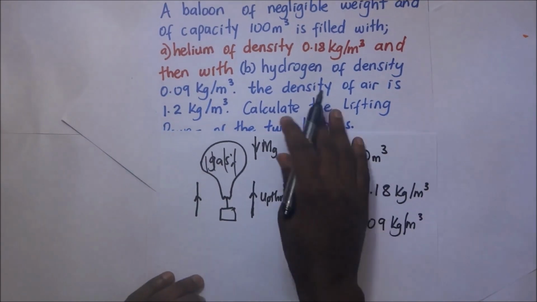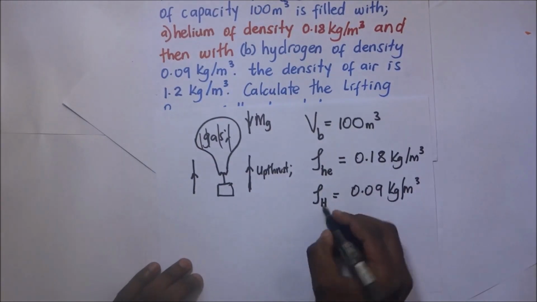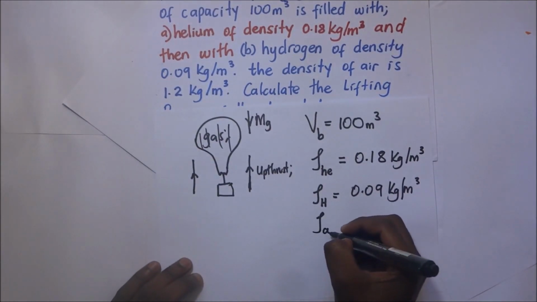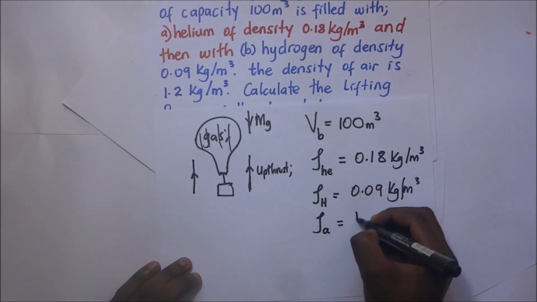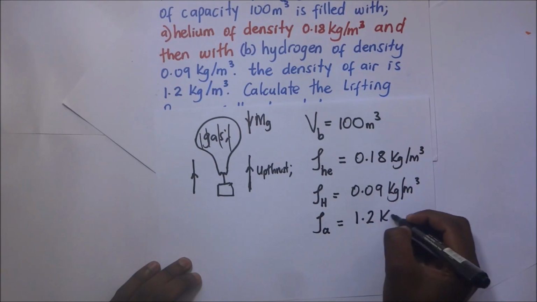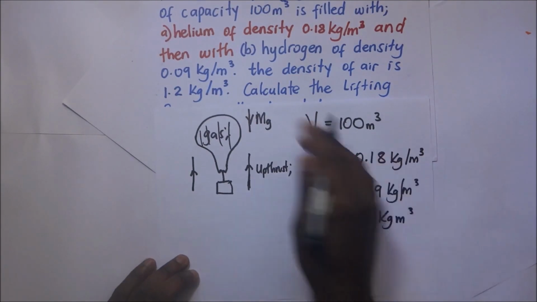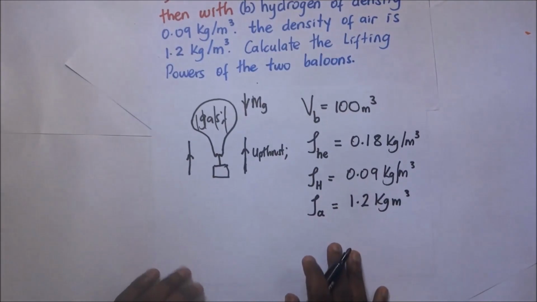Then we have the density of air also in play, which is 1.2 kilograms per meter cubed. So calculate the lifting powers of the two balloons.